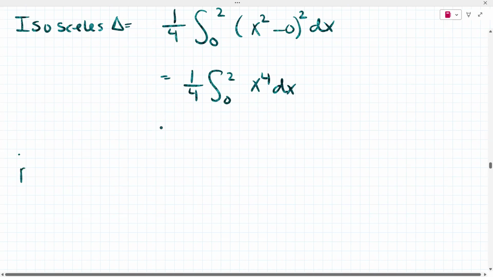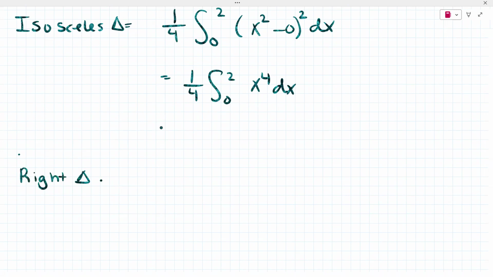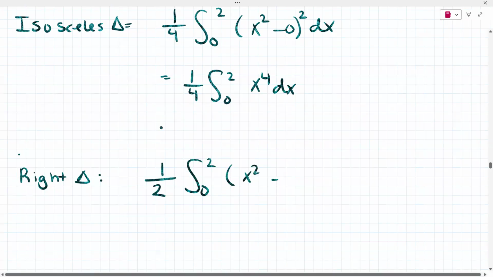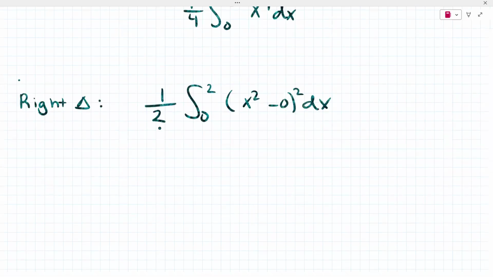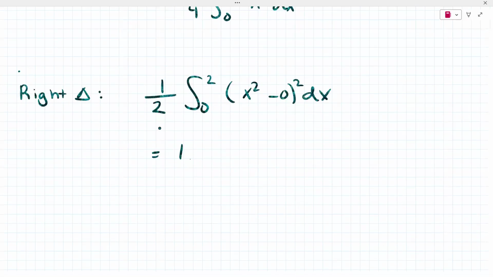What about right triangle? The coefficient is 1/2 from 0 to 2, of x squared minus 0 squared dx, and that's going to be 1/2 from 0 to 2 of x^4 dx.